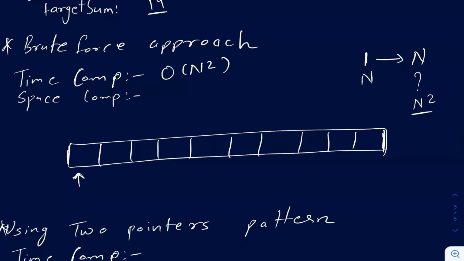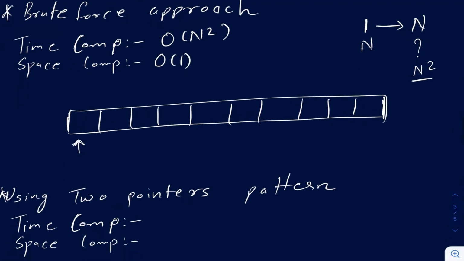If the size of the array is 10, the extra space utilized would be the same as when the size of the array is 100 or 1000, right? So I am not using any extra space over here, so in the brute force approach we have a space complexity of O of 1.